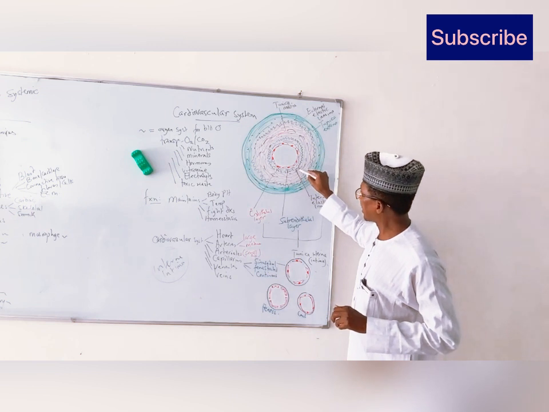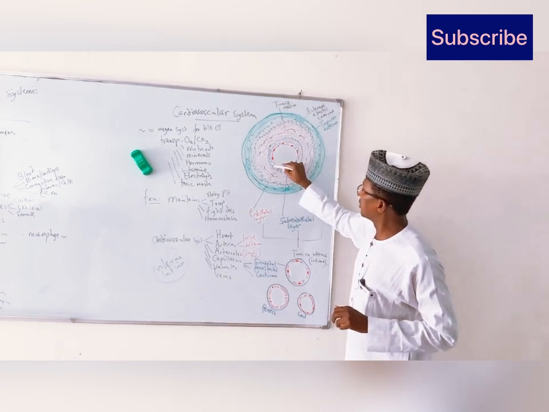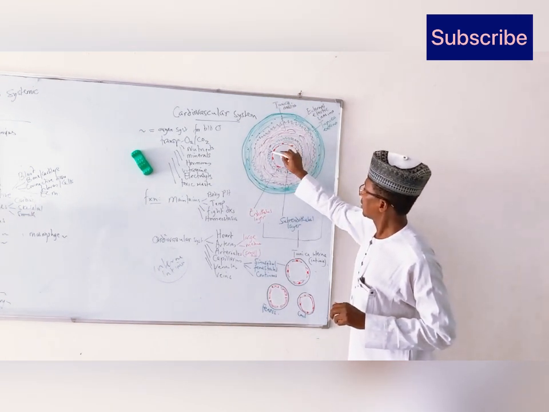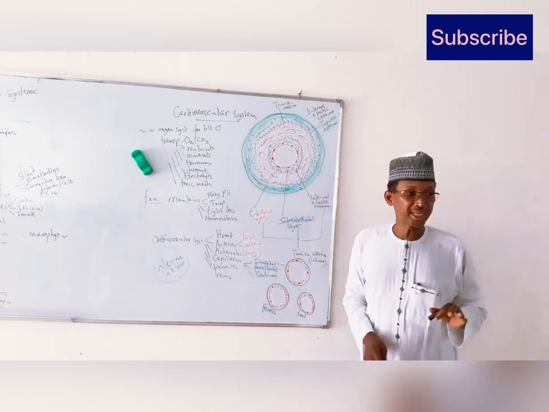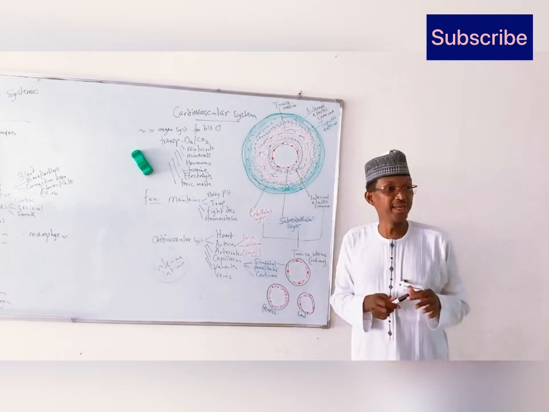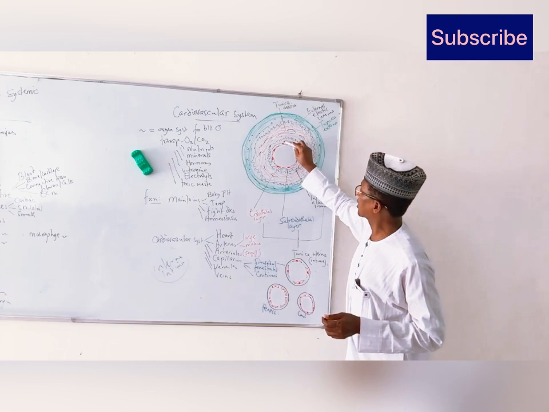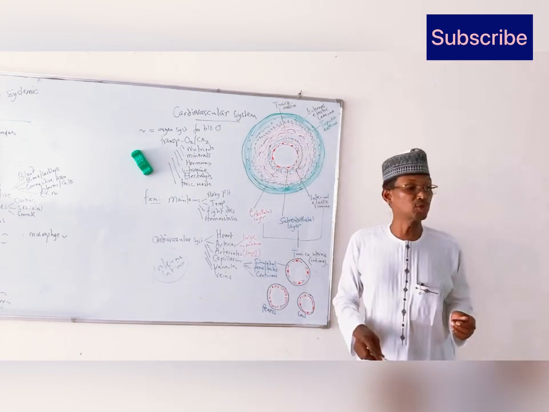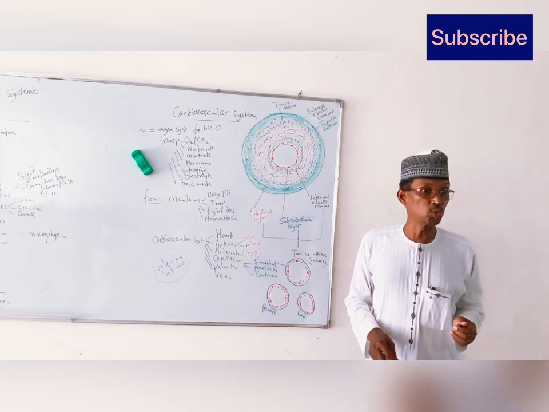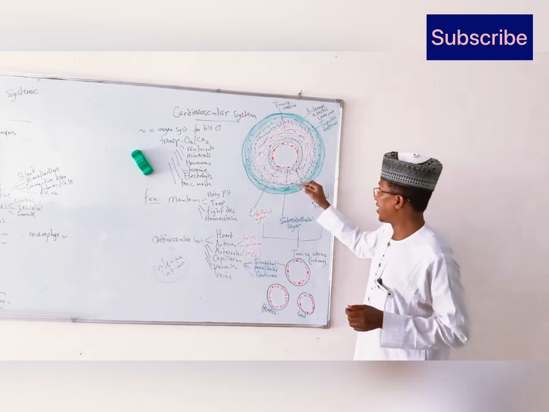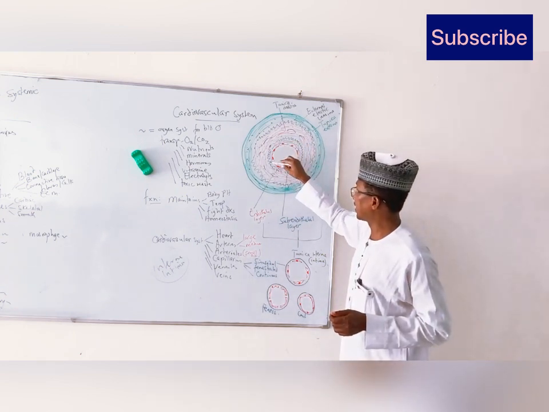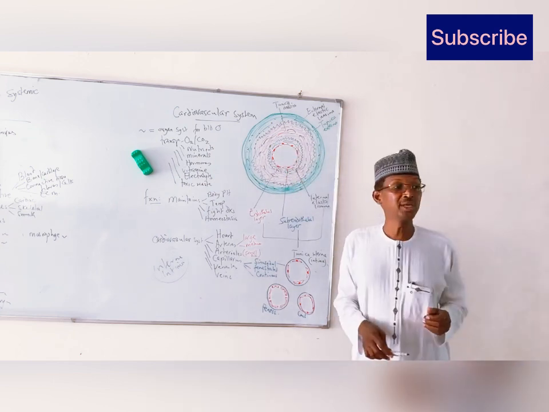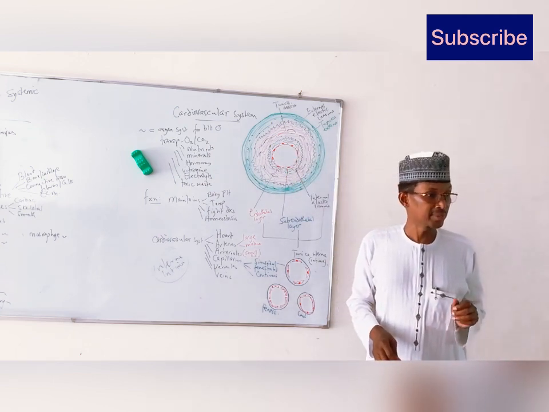So we have the internal elastic lamina surrounding the subendothelial layer. As I told you before, the subendothelial layer consists of connective tissue made up of some connective tissue cells and connective tissue fibers. And then next you have this internal elastic lamina surrounding the subendothelial layer.